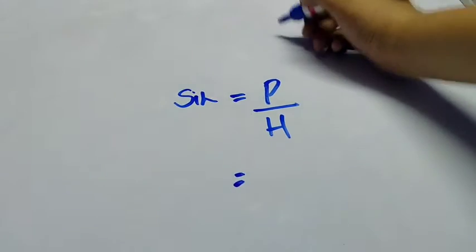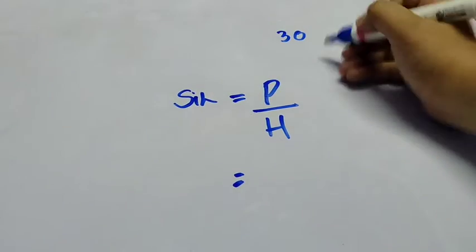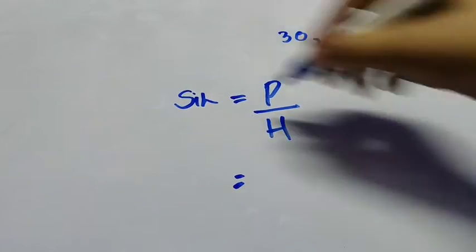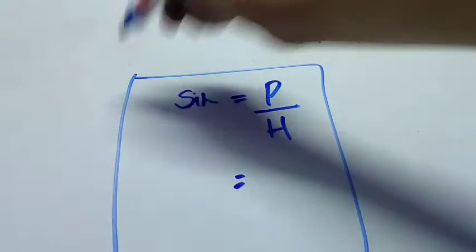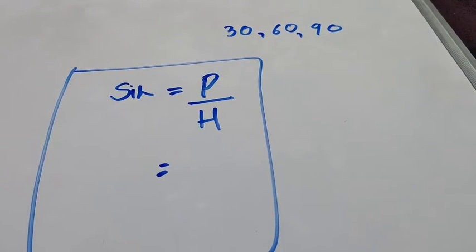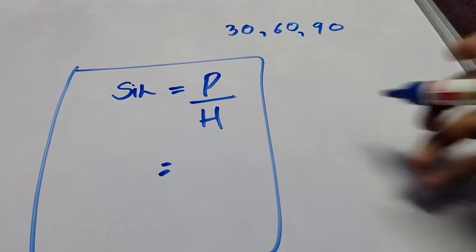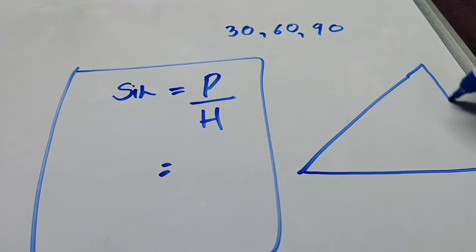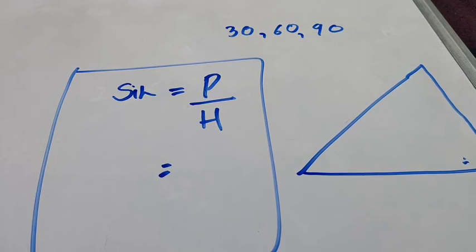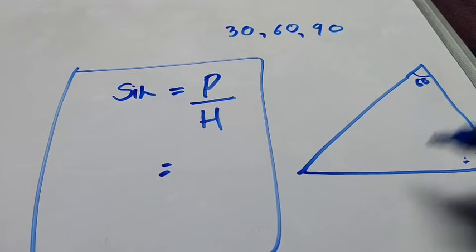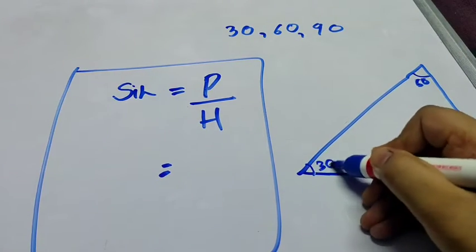So in a 30, 60, 90 triangle, what did we find out? We'll be taking out the value of all the trigonometric ratios from what we have learned previously. Now I'm drawing a 30, 60, 90 triangle. It may not look like it, but let's assume for the time. Now this is 60, this is 30.